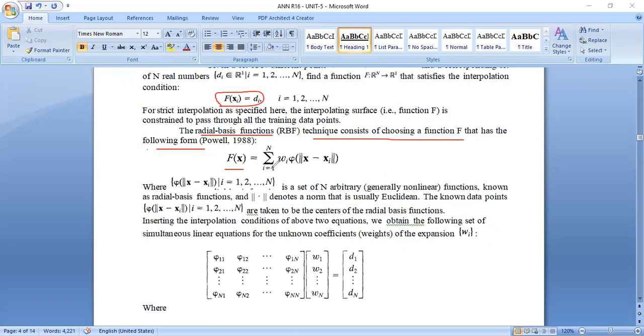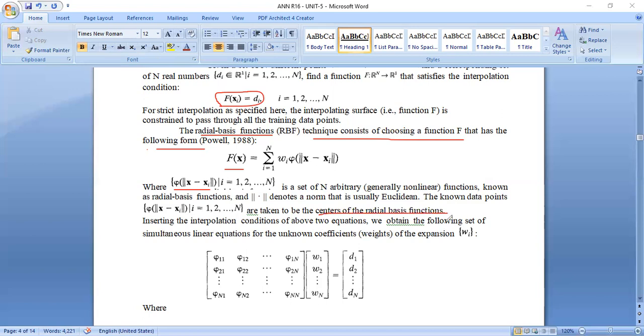F of x equal to the sum from i equal to 1 of wi into phi of the norm of x minus xi. What is phi of the norm of x minus xi? It denotes the center points of a radial basis function.